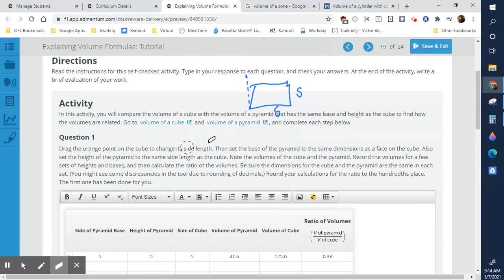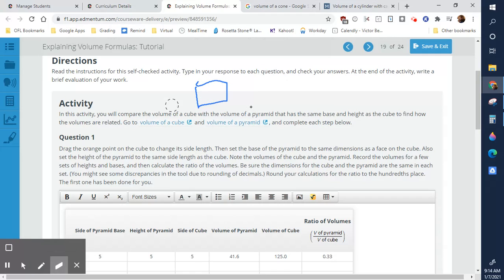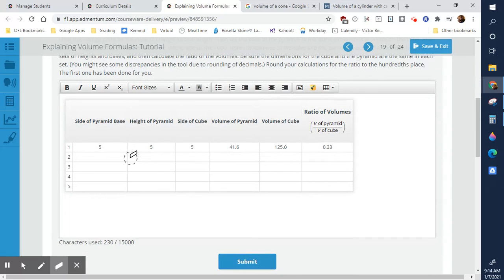So again, I'm only going to do a few of these. You can guess that if a cone was a third, we're probably going to be dealing with a third here too. So I'm going to keep these all multiples of 3. So side length, 3. Height, let's do a height of 6. Why not?